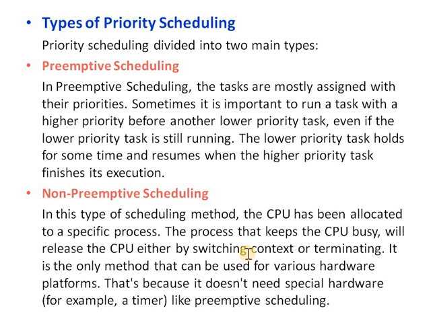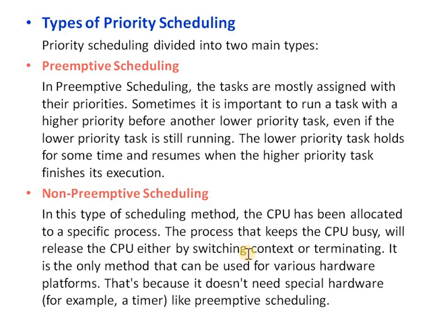Each process has its own priority, and the process with the highest priority is executed first, and so on. But processes with the same priority are executed on a first come first served basis.